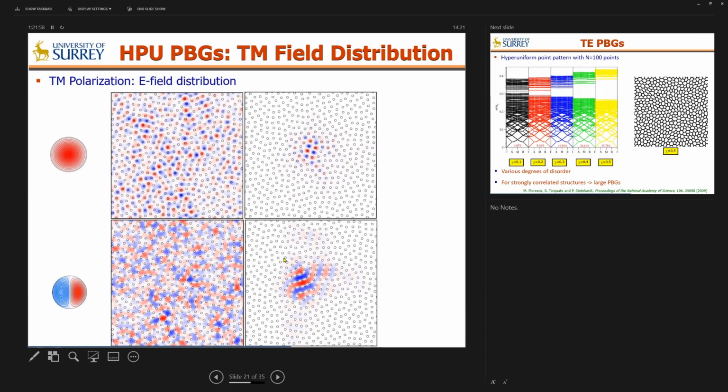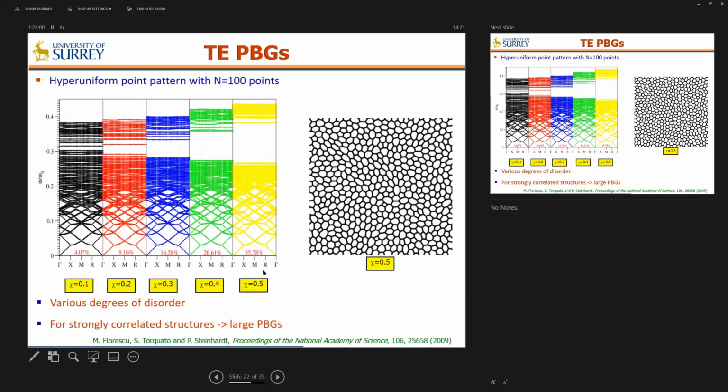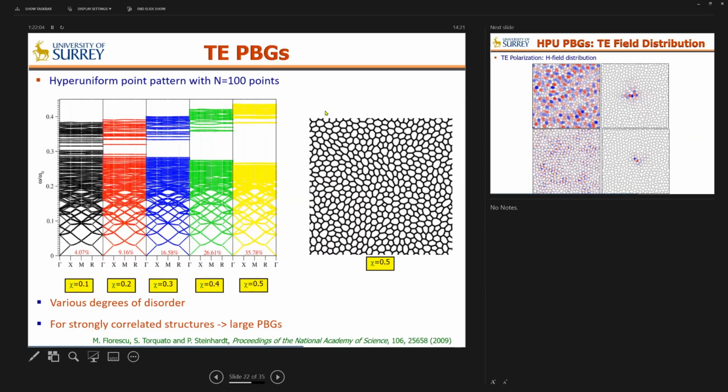What about TE polarization? Well, in the case of TE polarization, we know that the optimal structure needs to consist of a connected dielectric network of material, and we obtain a very similar story in which the band gaps exist around the central frequency, and they are strongly enhanced as we increase the hyperuniformity that is present in the structure.